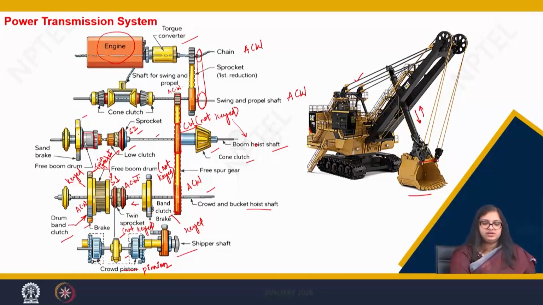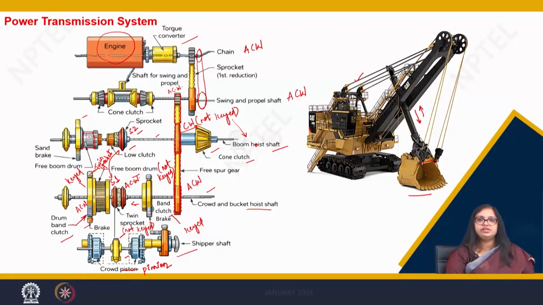Since this clutch is keyed to this boom hoist shaft, when it gets engaged with this free drum, it starts moving in clockwise direction and starts winding, which leads to the lifting of the boom.